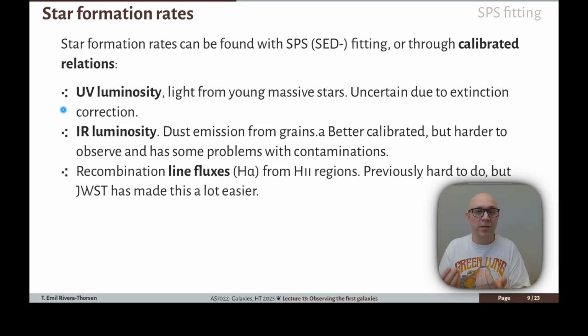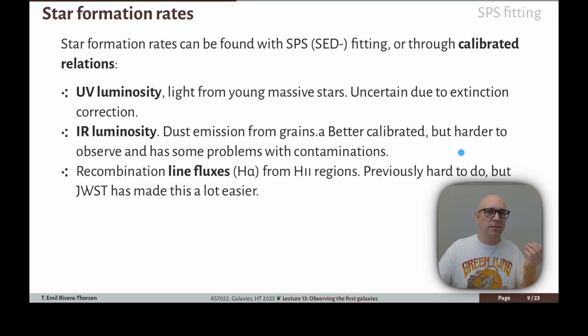And also sometimes it's not a big problem because sometimes there just isn't a lot of dust. And the less dust there is, the easier it is to correct for the remaining dust. Then we can get infrared luminosity. This is dust emission from grains.